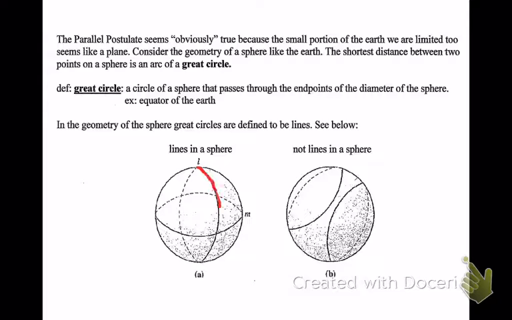This is a great circle. That's a line. Here's a great circle. It's a line. These are circles on the sphere over here, but they're not great circles, so those would not be lines on the sphere. Everybody with me so far?